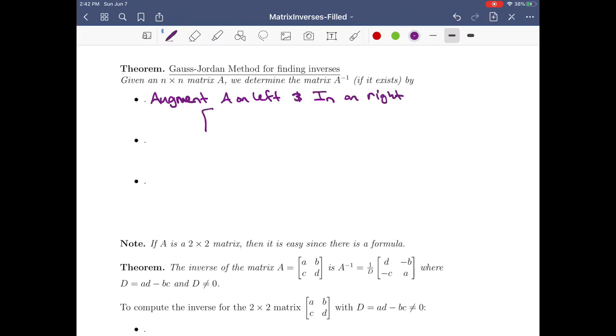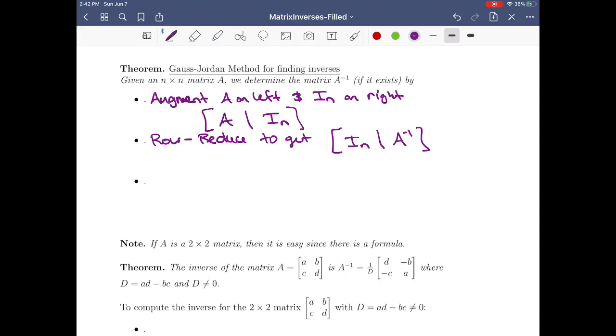Okay, so that's going to look like A with a line and then I sub n. Okay, and then we're going to row reduce this matrix to get the identity on the left. Okay, and then whatever's on the right is going to be your inverse.